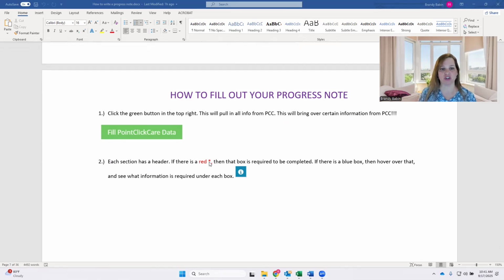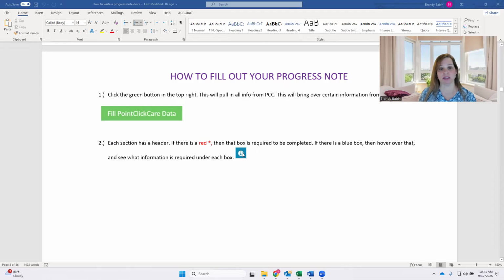If the section has a red asterisk, then it's required for you to complete before you submit. If you try to submit and that box has nothing in there, you won't be able to submit. Some sections have this blue eye, which is information on what is required in that box. You can just hover over that and it will open up what is required in that box.